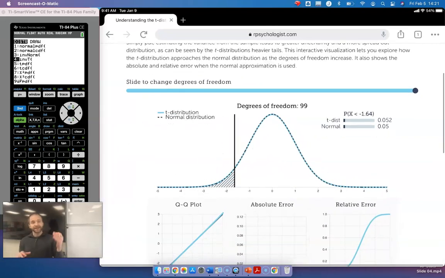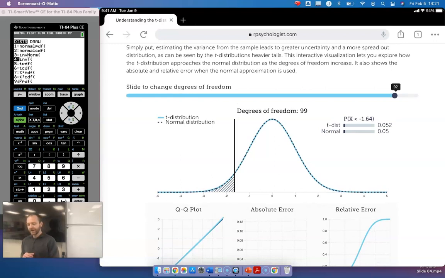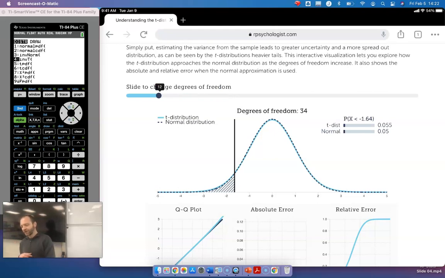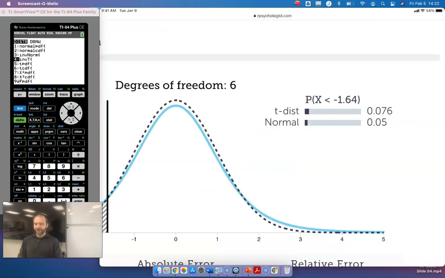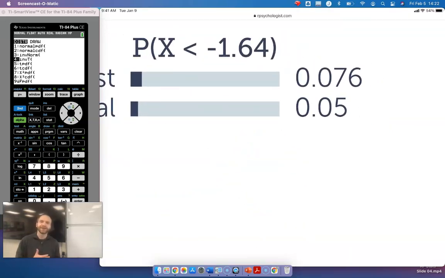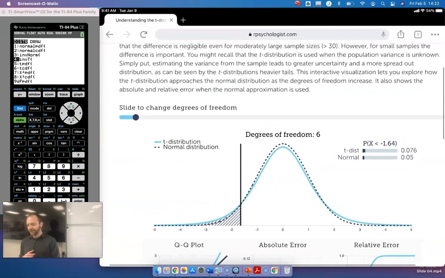It becomes approximately normal. But as I have a smaller degrees of freedom, the worse off I am. And this is almost 0.076 compared to 0.05. That's a pretty big difference. So we can see that there's more area in the tails based off of the degrees of freedom.